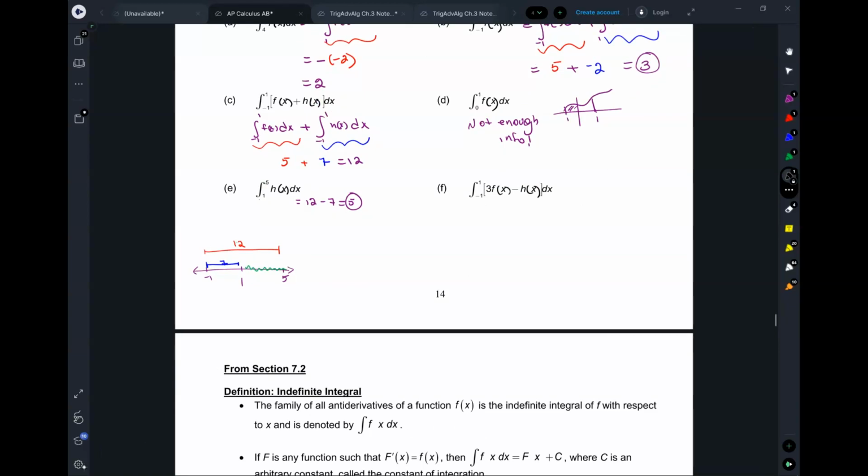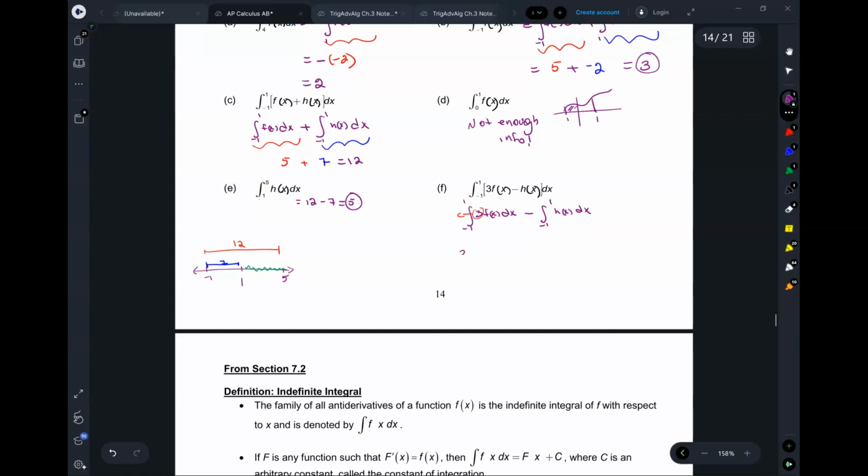Right, so what do we have here? We have the integral of 3f of x minus h of x. Okay, that's too much. Let's separate them. So we're going to have the integral from -1 to 1 of 3f of x dx minus the integral from -1 to 1 of h of x dx. Okay, we can bring that 3 out.